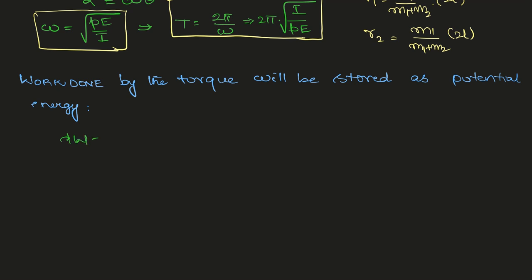For small angles, dW is equal to tau d theta. The tau is given as PE sine theta d theta.